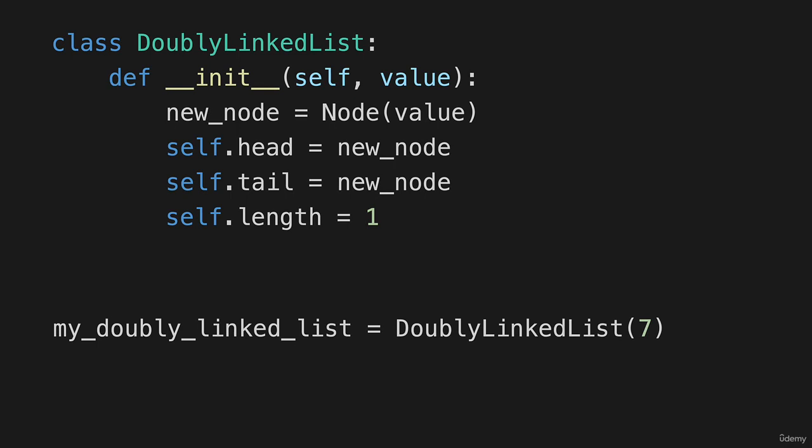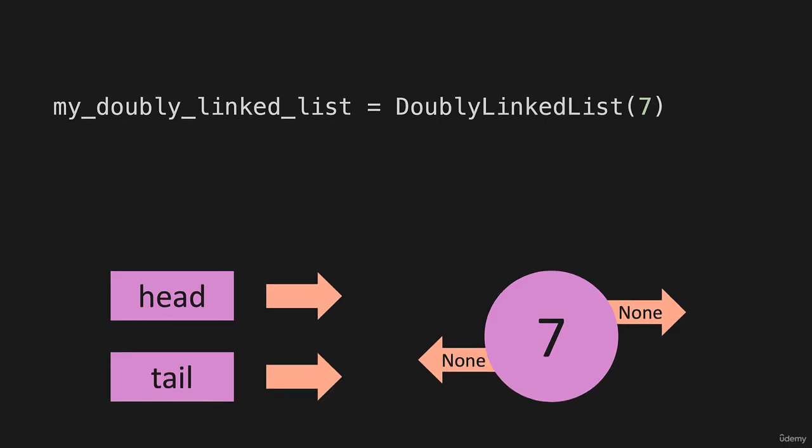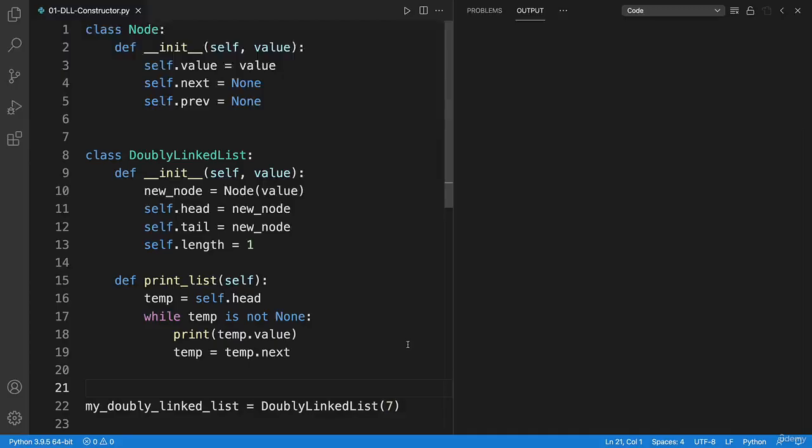We pass it the value 7, and this line of code is going to create all of this. We have a head and a tail, and we have a node with a value of 7, and the length is equal to 1. Now let's go look at this in VS Code.